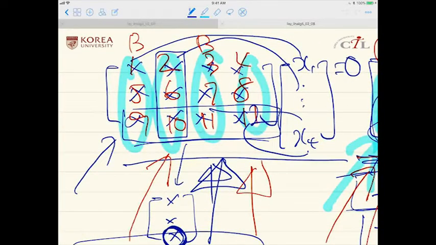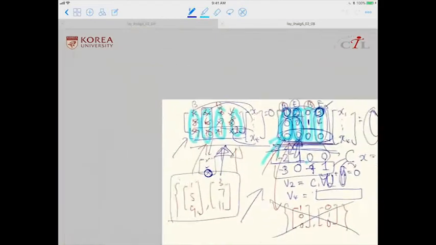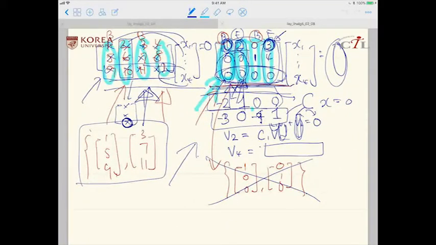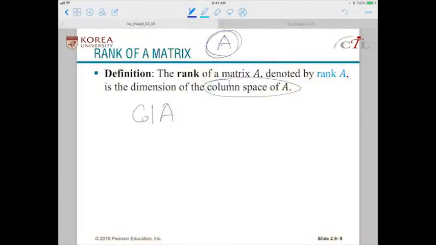By definition, the rank is the dimension of the column space, the number of basis vectors of our column space, which is just 2, and these 2 are the number of basic variables. So basically, the number of basic variables is the rank of your matrix. That is the definition of the rank of a given matrix.